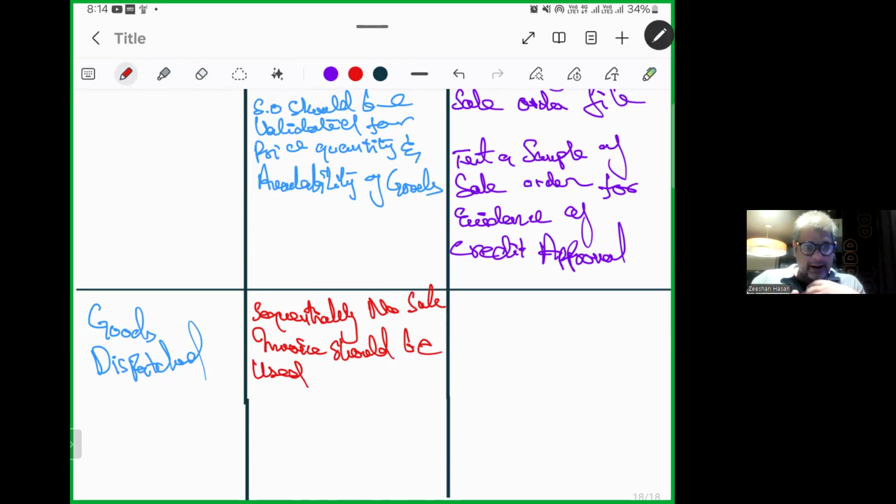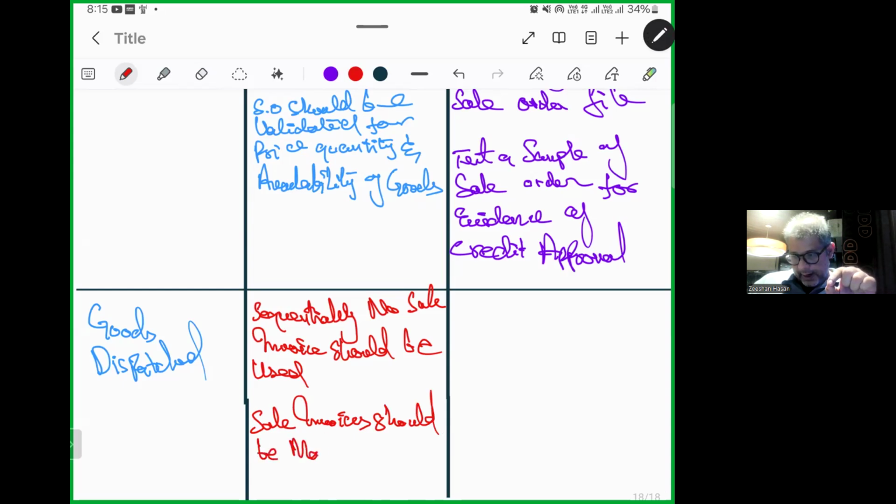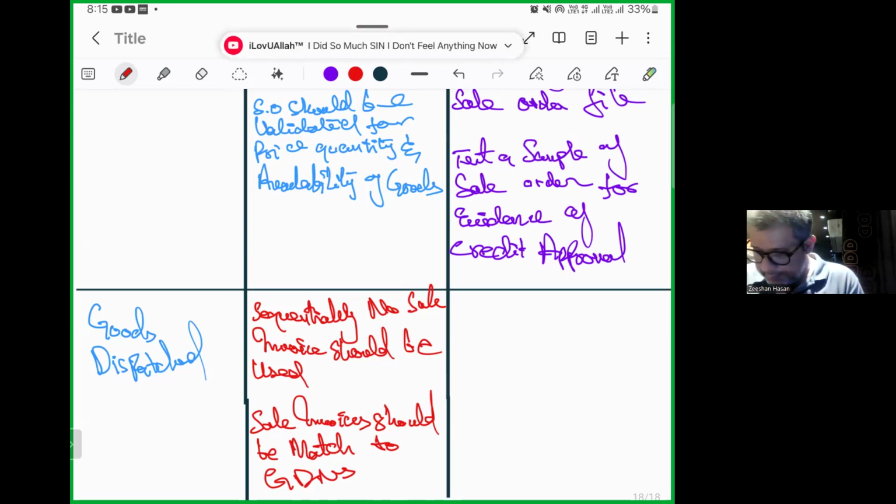Regular sequence check should be carried out to ensure completeness. Okay. Sale invoices should be matched to goods delivery notes and sale orders to confirm the accuracy of product description and quantity.